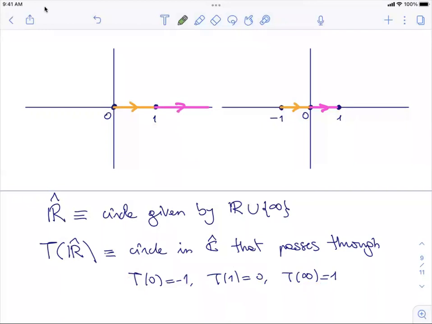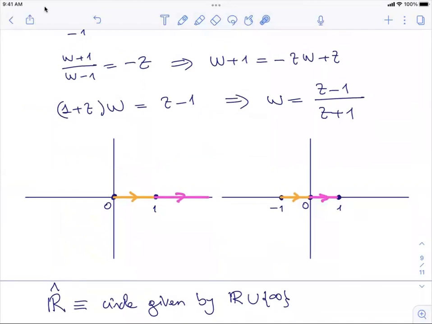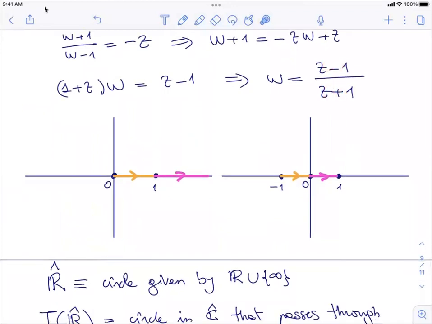T of infinity, right, is going to be 1. So this part here is going to get mapped here, and this looks like it's two pieces. Watch out, because it's actually one piece.